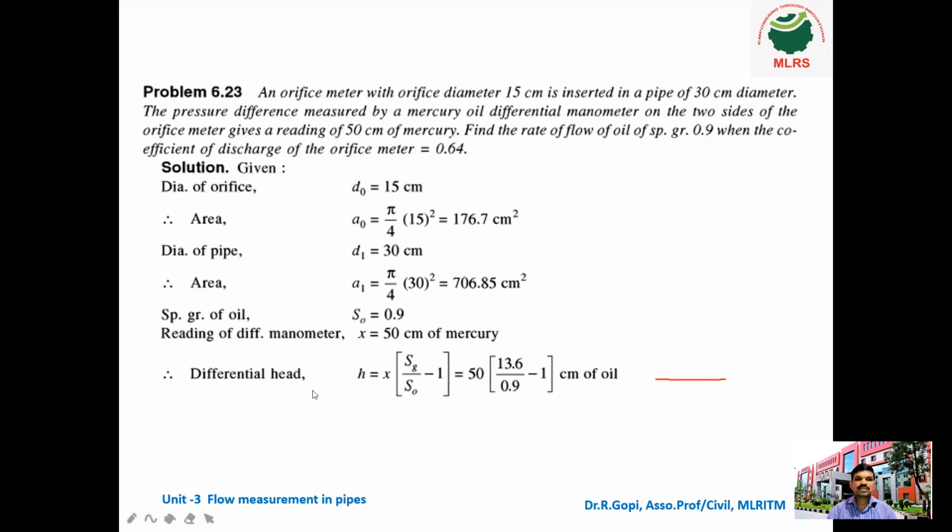So using this differential head formula, we can easily find the H value. If pressure is given, we have to use the previous problem's formula. So again I'm repeating: first understand the question, what they have given, either pressure head or difference in mercury level. According to that, the formula will also change.